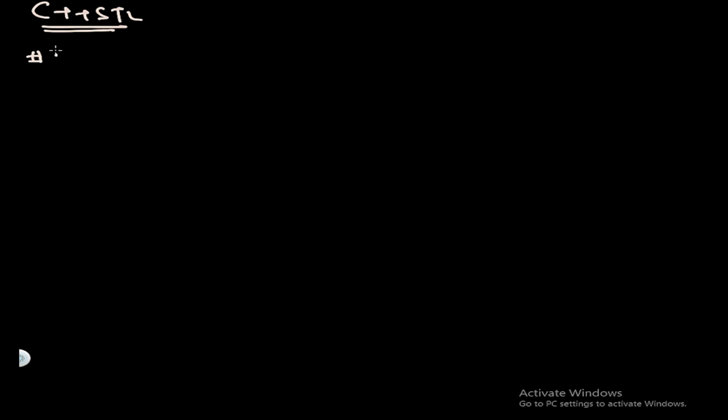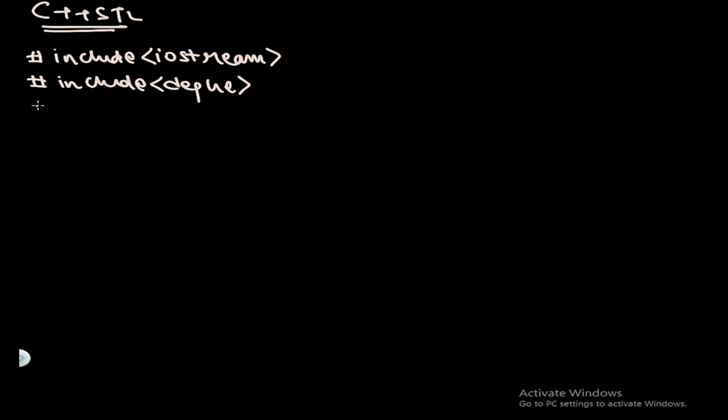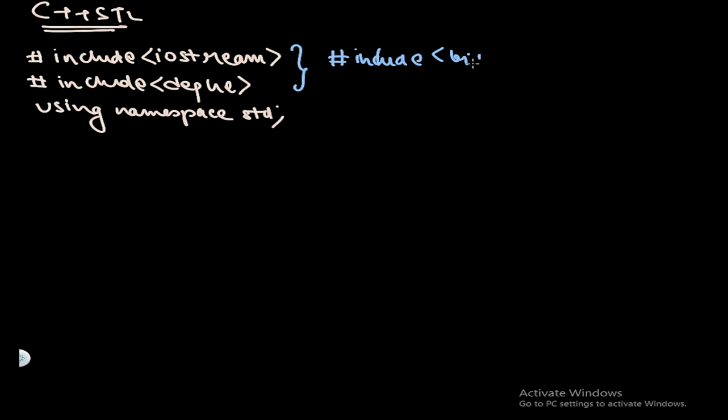It is simple. #include <iostream> and #include <deque>. C++ is a very interesting language. You can use this for various purposes, using namespace std. Actually, these lines can be saved by adding #include <bits/stdc++.h>.